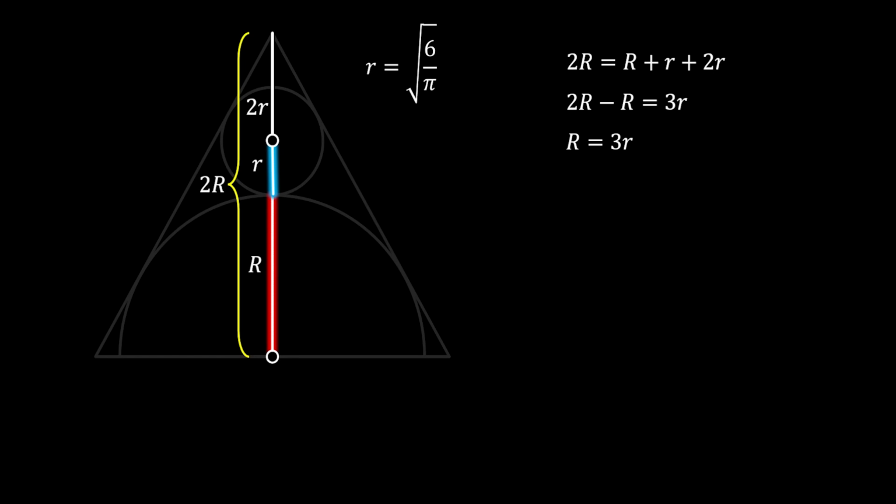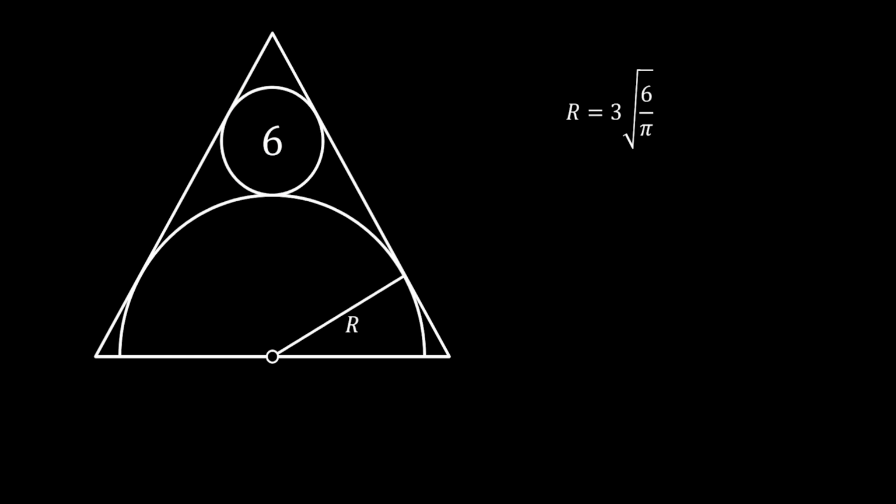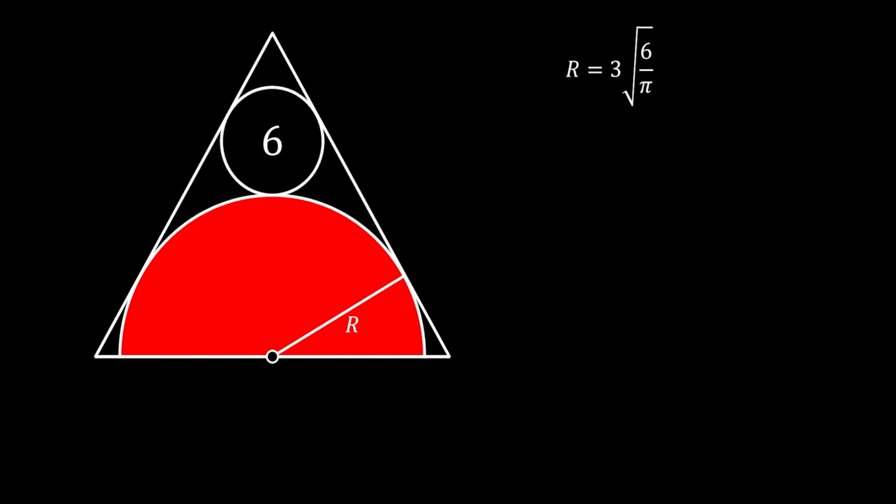Now, we can find the value of capital R by replacing the value of small r, which we got earlier, and we will get something like this. Alright, so now let's clear our image once again, and remember, we're looking for the area of the semicircle, and the area of this semicircle equals 1/2 of pi capital R squared. So we can just substitute the value of capital R and get the following.